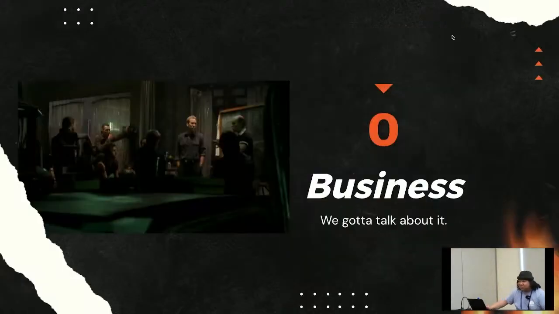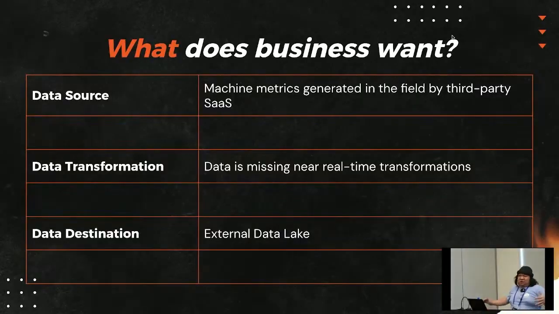Of course, we have to start with the business, because you got to talk to business in order to build software. So imagine you're going to a meeting with a whole lot of stakes, and what does business want? You come in with your notepad. You're not exactly sure. It's about to kick off. And you learn you're going to build a data pipeline. You're like, cool, I love data pipelines. I build data pipelines all the time.